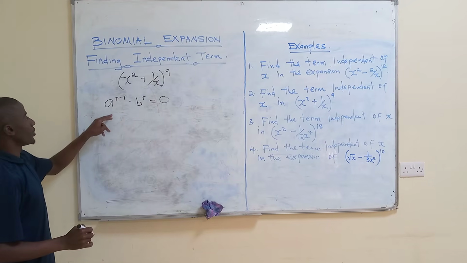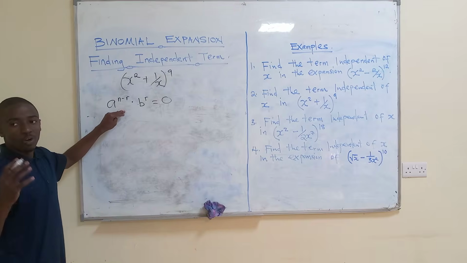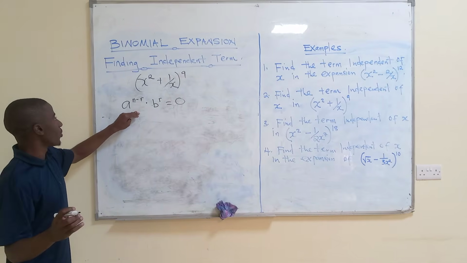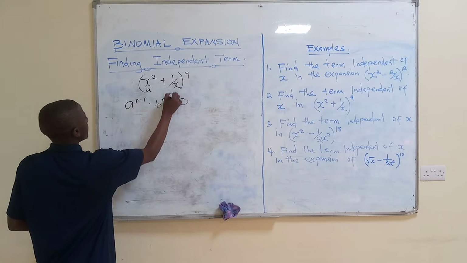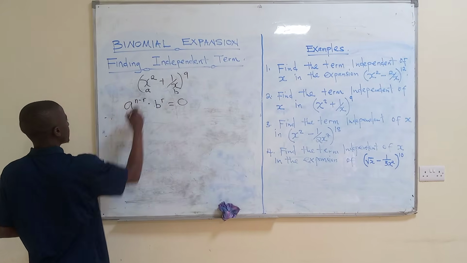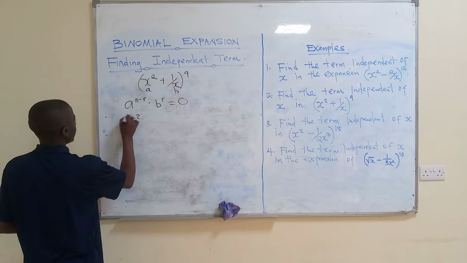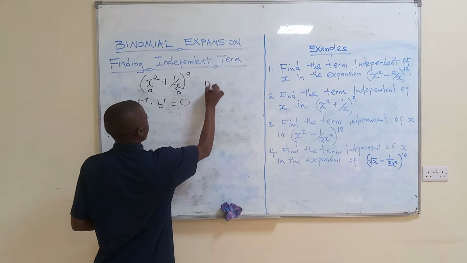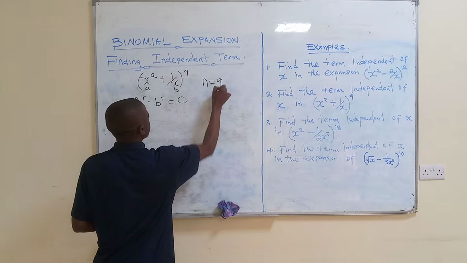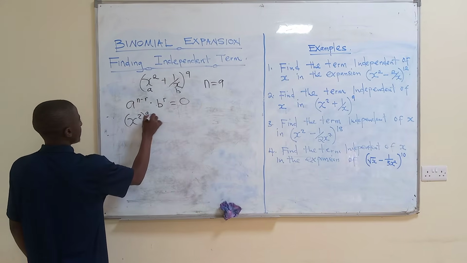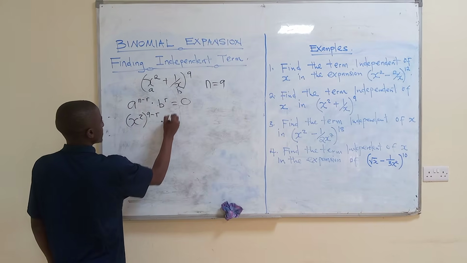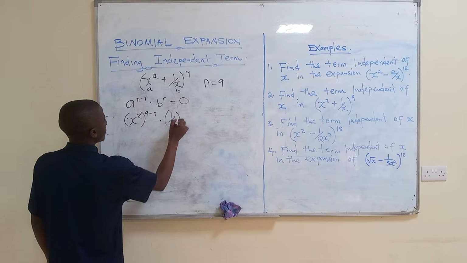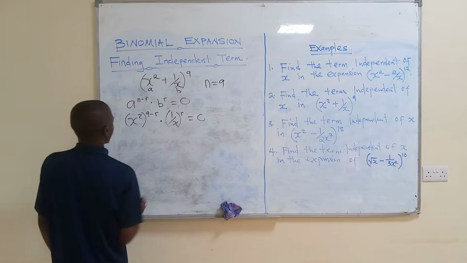Where I said, when you are using this kind of formula, you only focus on x. So this is a, this is b. My x there is x squared. My n is the power, which is 9. So that is 9 minus r, and what is b? That is 1 over x to the power r, is equal to 0.